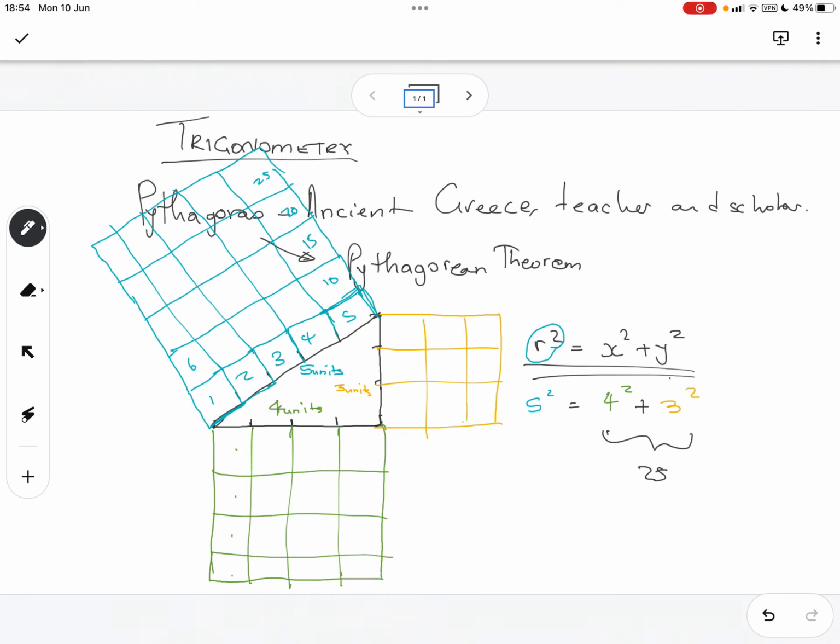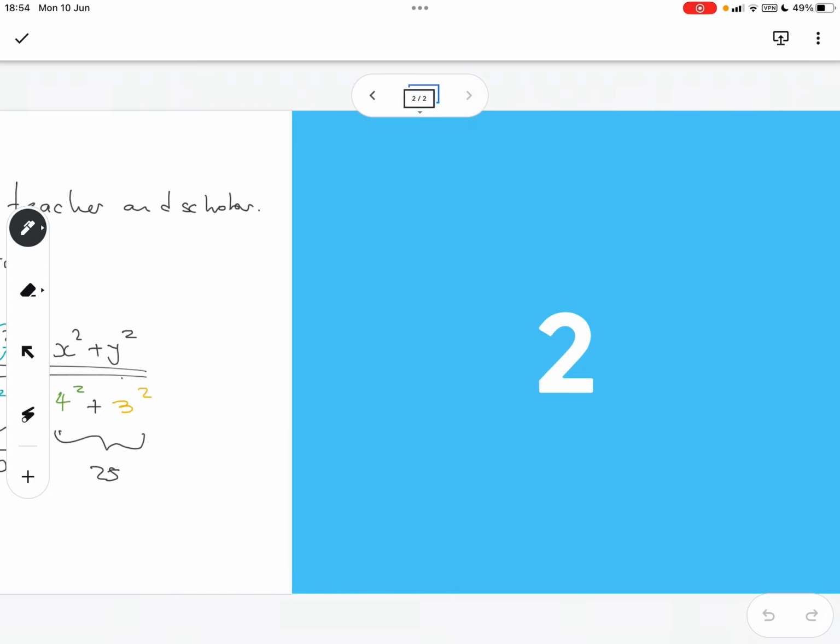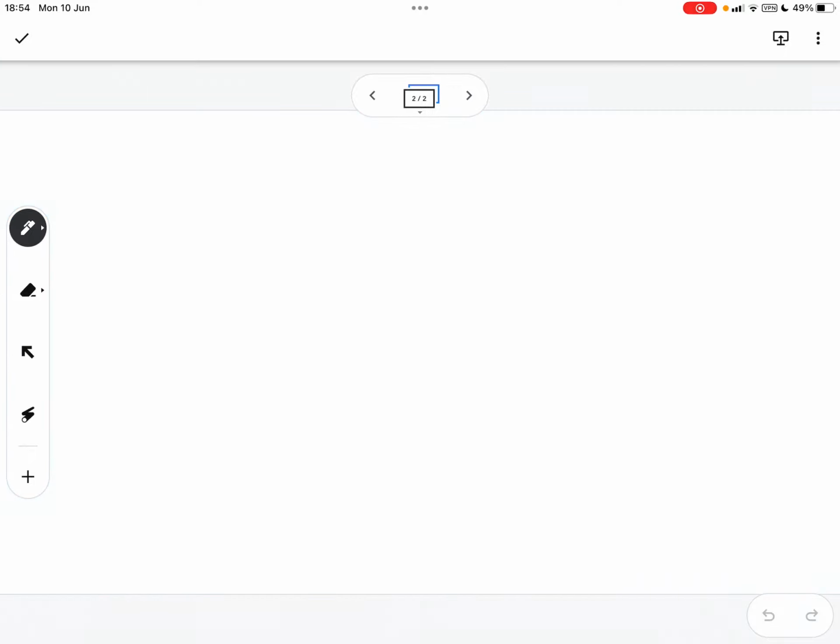In other words, if I take 4 and I square it, and 3 and I square it, I have 16 plus 9, which is 25. And for 5, the square is also 25.